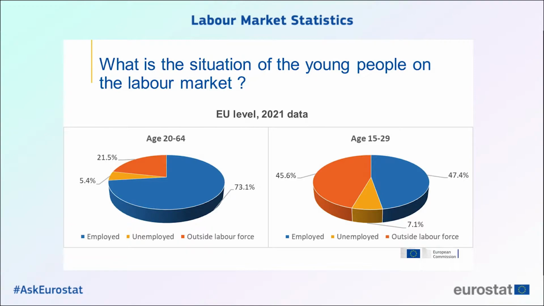Here I have to insist on the fact that the percentages are all expressed with the total population as denominator. Because in the previous presentation and also in general terms, we express the unemployment rate with a denominator of only people employed and unemployed.